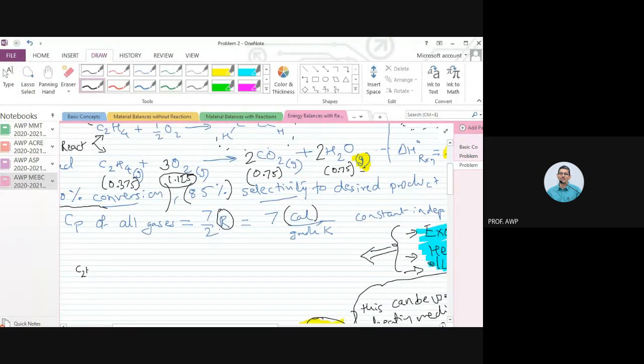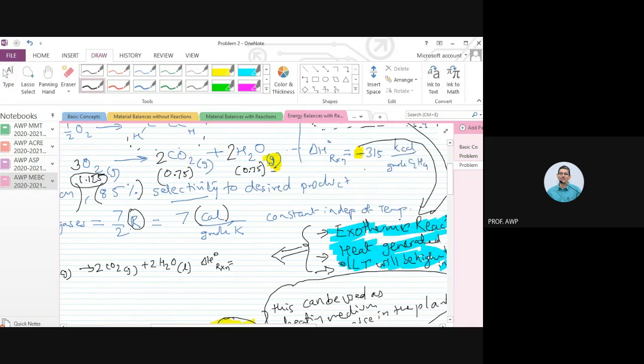So we would have to write C2H4 gas plus 3 oxygen gas, giving you 2 CO2 gas and 2 H2O liquid, and then delta H0 for this reaction we will have to write from this reaction and the latent heat of water vaporization at 25 degrees centigrade.